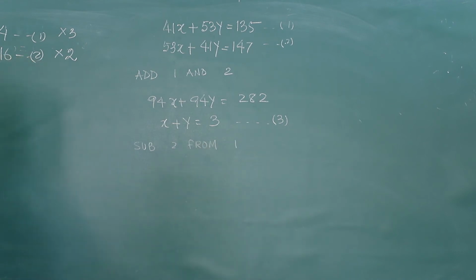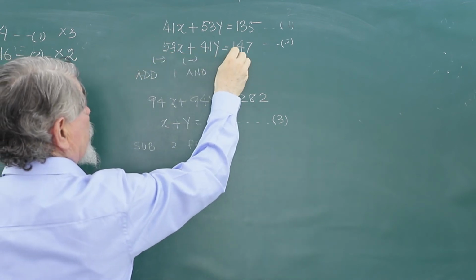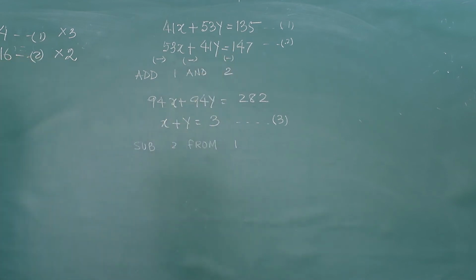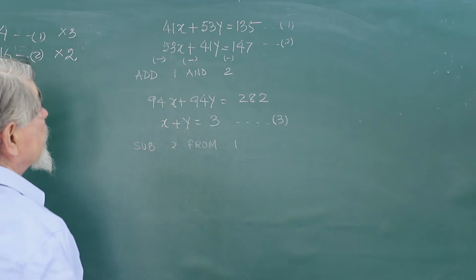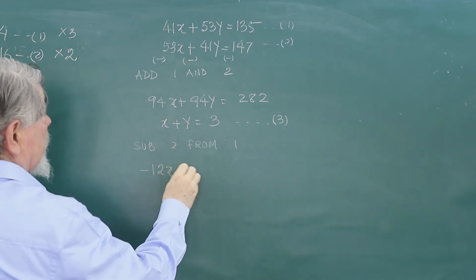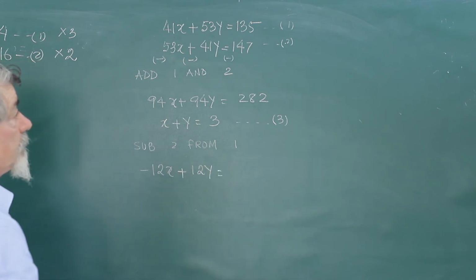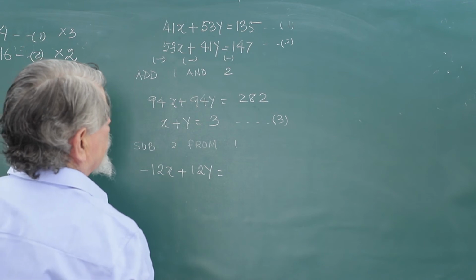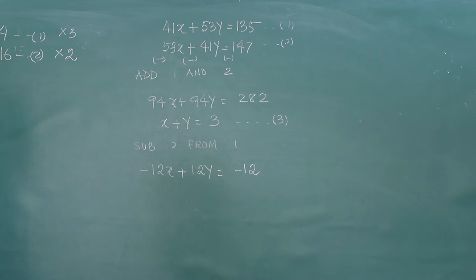If I subtract 2 from 1, what will happen? 41 minus 53, how much will it be? Minus 12x plus 12y, and this will be how much? Minus 12. 147 minus 135, and because 147 is bigger with a negative sign, so minus.